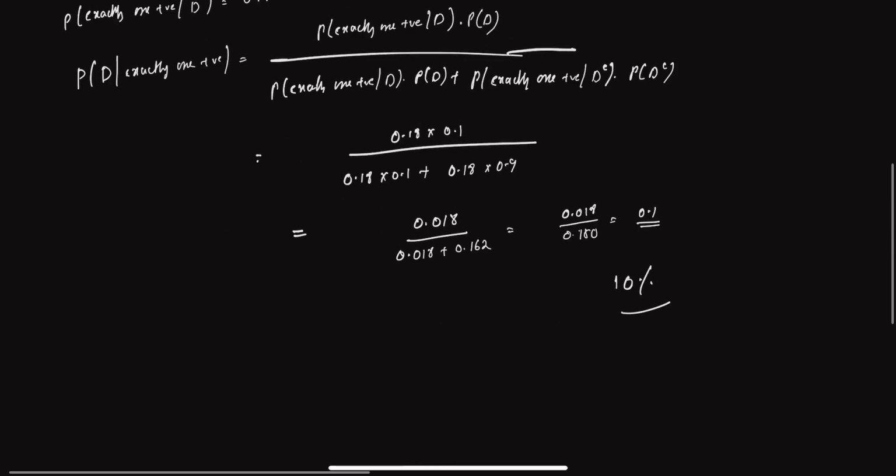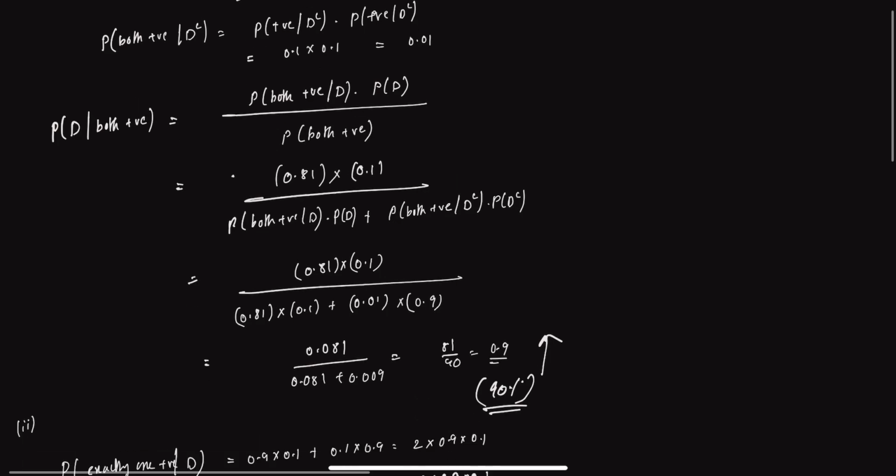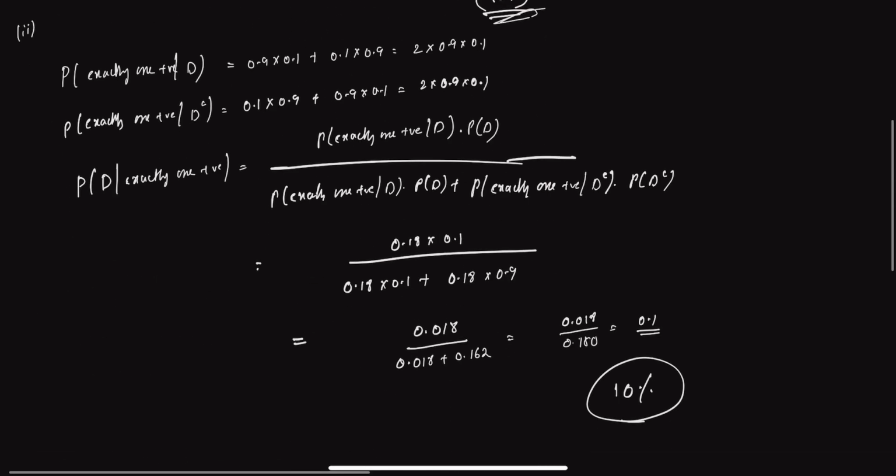We can see the probability remains at 10% because a single positive means the evidence is symmetric between disease and no disease. So the probability of the disease given both are positive is 90%, and the probability of the disease given exactly one positive is 10%.